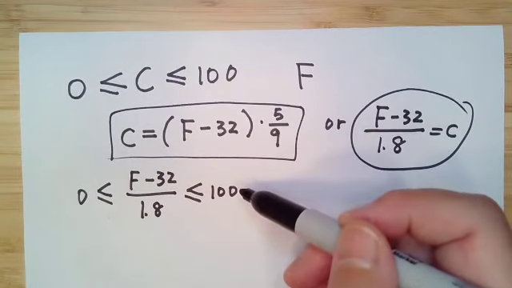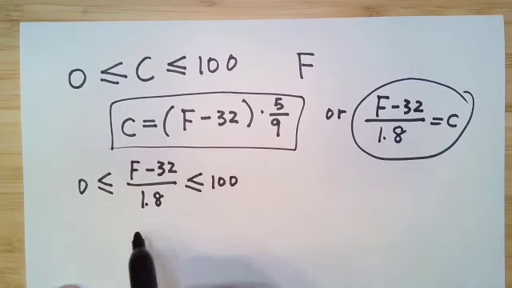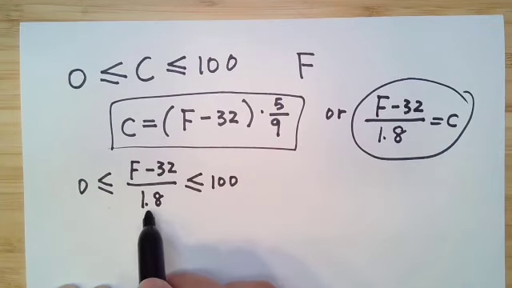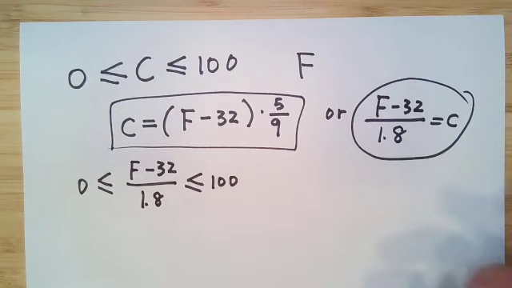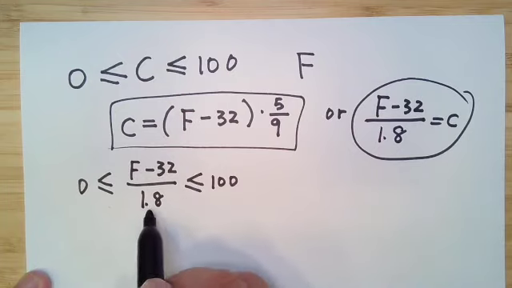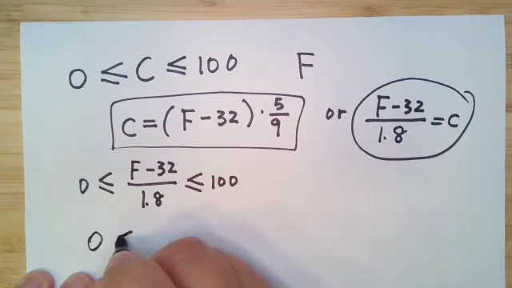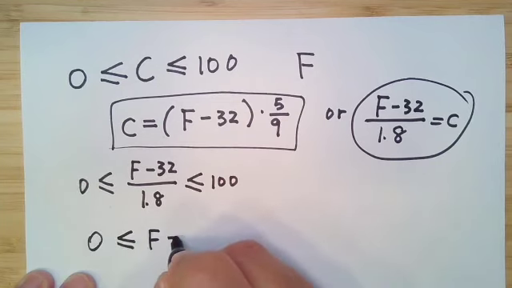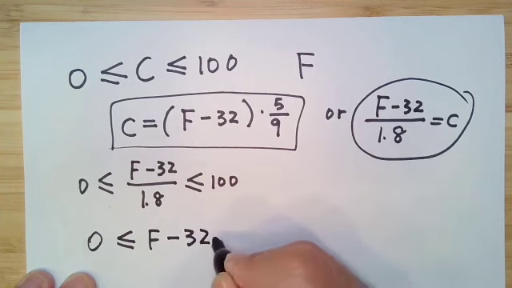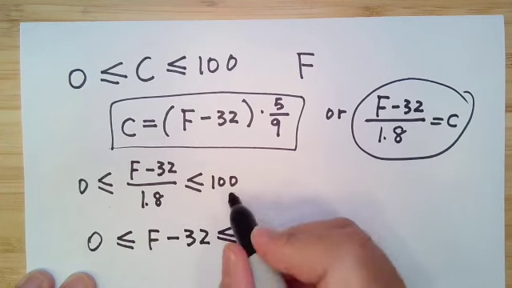This one is about Fahrenheit. To solve this, we multiply by 1.8, which is a positive number, so I don't change the direction. 1.8 times 0 is still 0, less than or equal to F minus 32, and less than or equal to, multiplying by 1.8, 180.